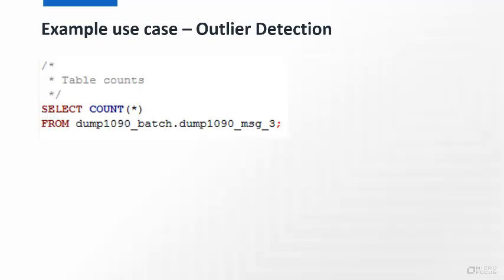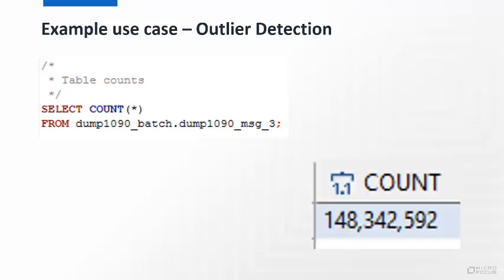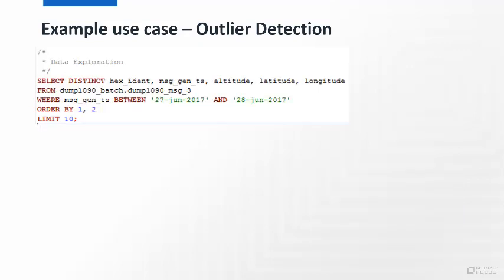Before we look at such a function, let's take a closer look at our data. Here we are just counting the number of rows in our message 3 table. Just under 150 million rows. Taking a closer look at a typical aircraft, here we're looking at hex ident 00B203 on the 27th of June.